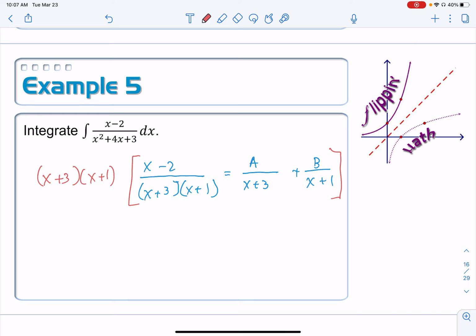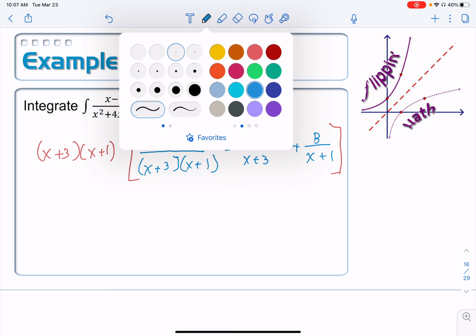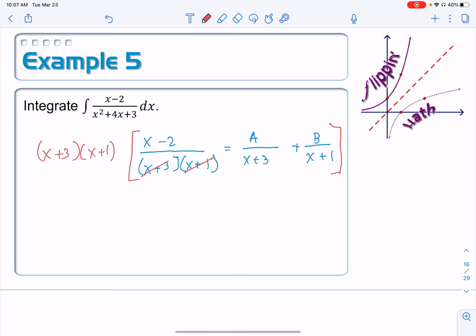Obviously on the left side, the denominator cancels out, leaving me with just x minus 2.